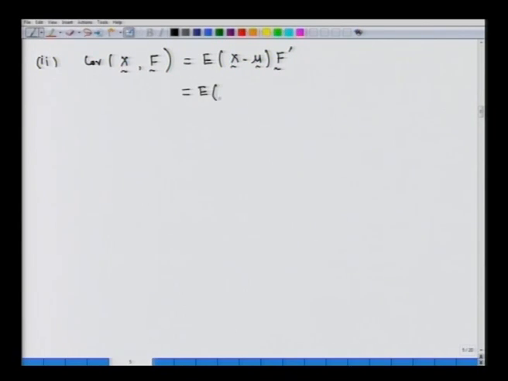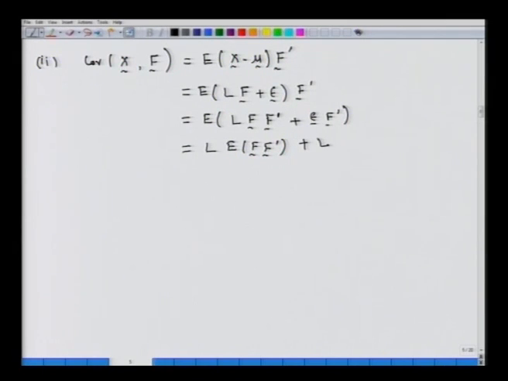So, using the factor model, we can write x minus mu equal to LF plus epsilon, multiplied by our f transpose. This leads us to the expectation of L f f transpose plus epsilon f transpose. Now, as before, this will only be in terms of the expectation of the f vector multiplied by its transpose, plus the expectation of the epsilon vector multiplied by f transpose.